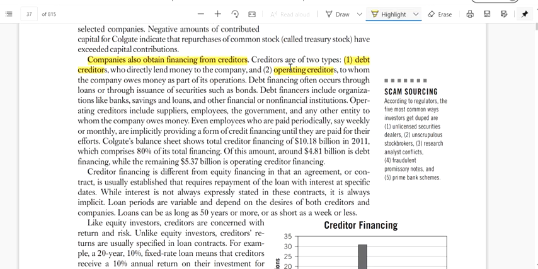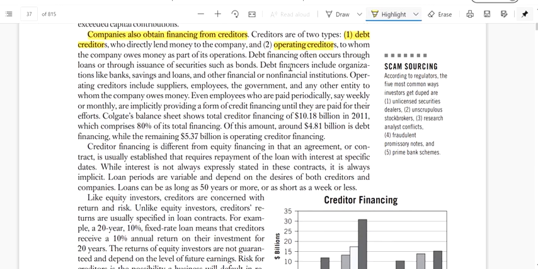Kalau supplier, kita beli barang secara hutang kan. So sebab itu dia akan jadi operating creditors. Barang yang kita ambil dari supplier itu kita akan jual as our operating activities. Okay, so you pun boleh baca ni semua.